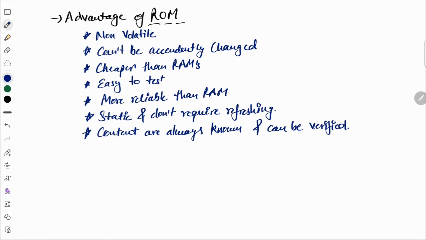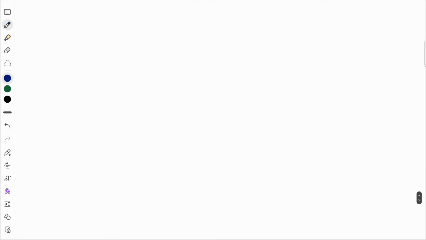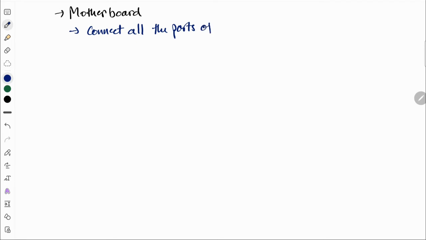We have completed the memory topic. Next one is motherboard. The motherboard serves as a single platform to connect all the parts of a computer.